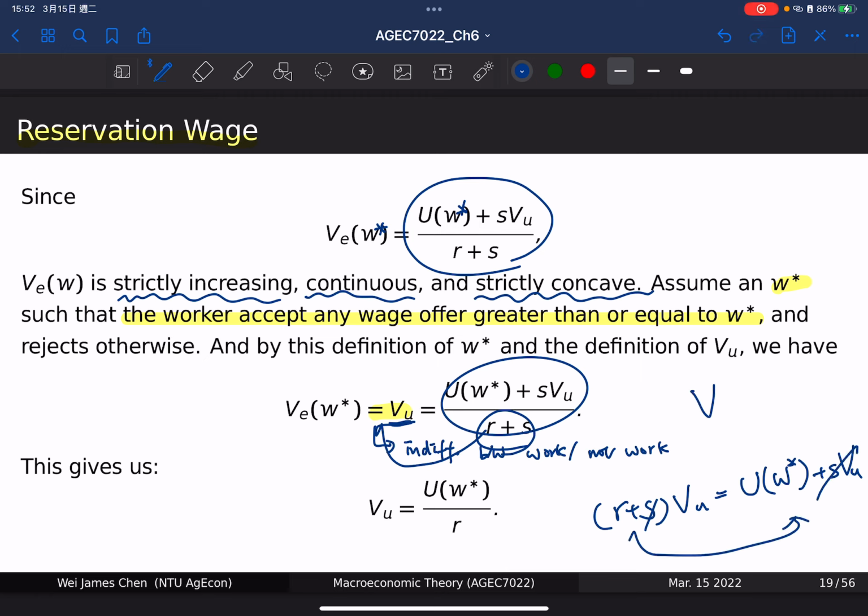So VU is going to become U of W star divided by R.